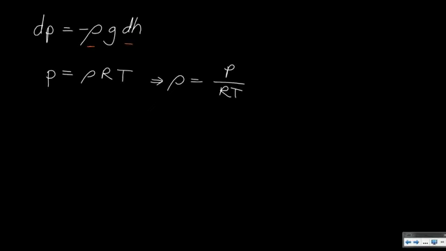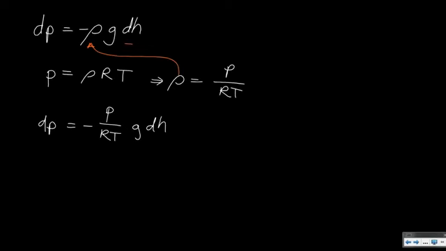So if we now substitute the rho into the hydrostatic equation, we get dP equals minus P divided by RT times g dH.